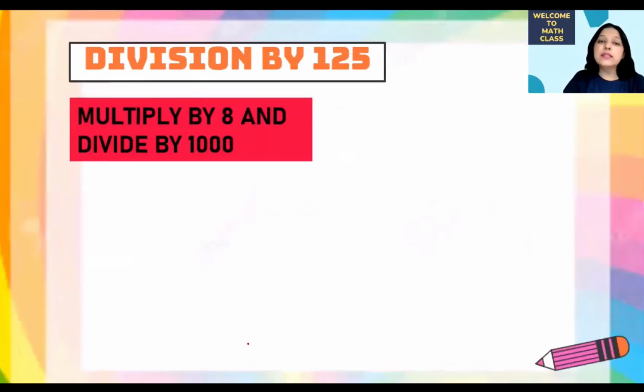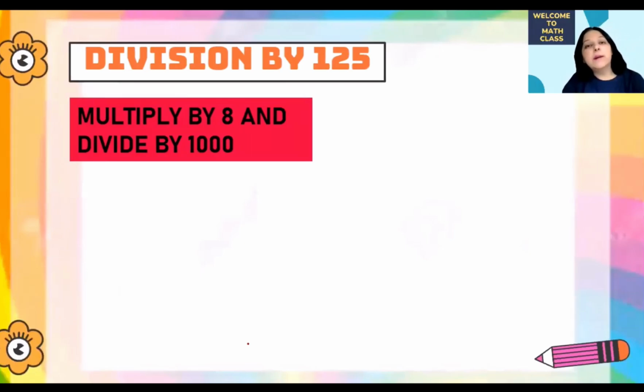So in this case, the same concept we are going to apply here. If you want to divide any number by 125 quickly, you can simply multiply the number by 8 and then whatever answer you get, you divide it by 1000.